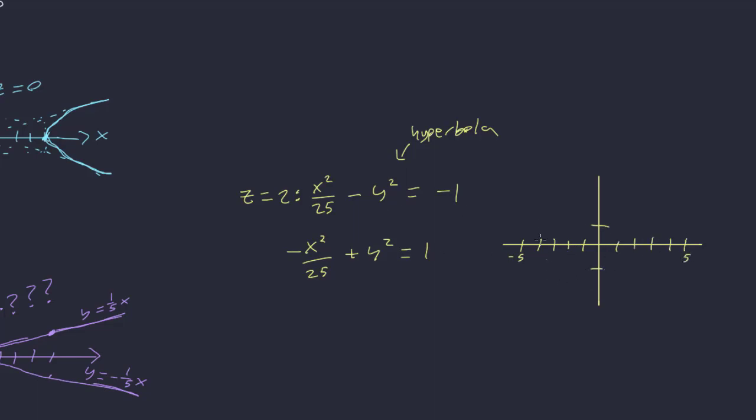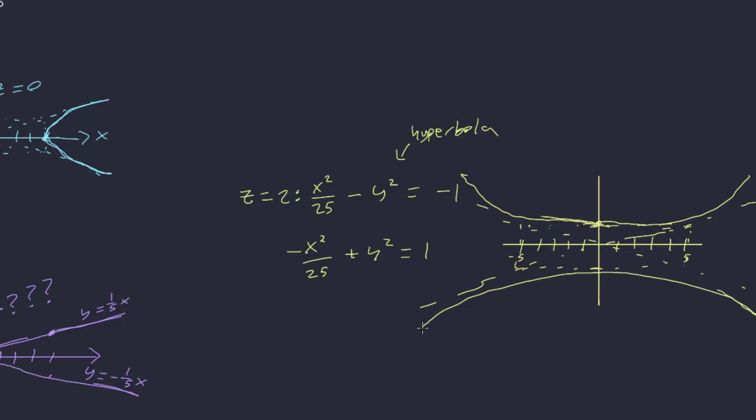The y still goes negative 1 to 1. We still have the same lines here. However, instead of opening along the x-axis, it opens upwards. Right? And it's going to be very, very shallow compared to the others. All right.